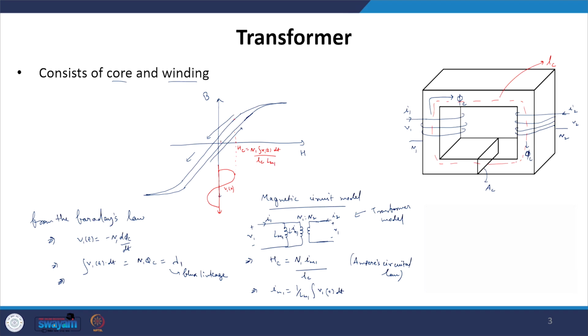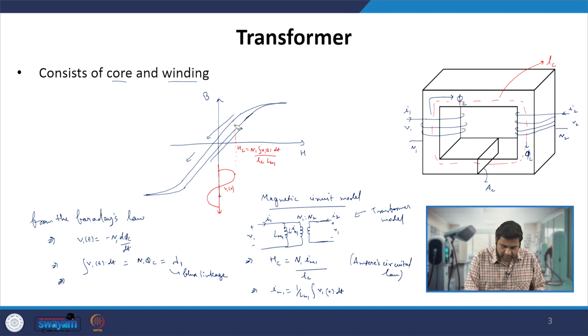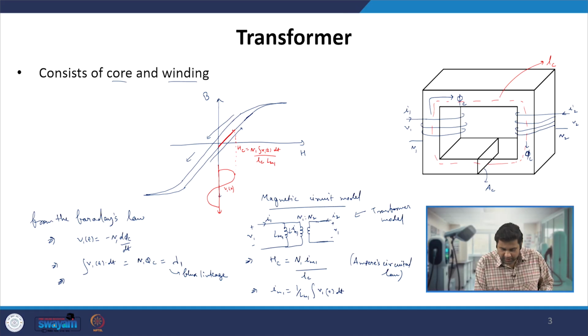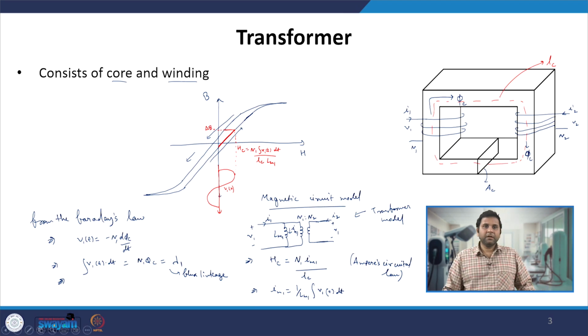At that point we are giving the excitation. Because of that, the flux in the core will go up from this to this point. There was some residual flux which goes from this to this point, and then at this point it forms delta B, which comes over here.